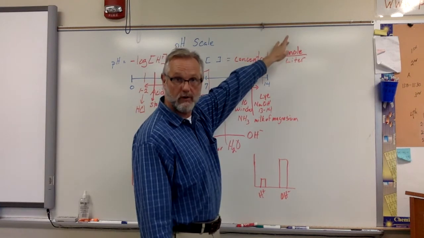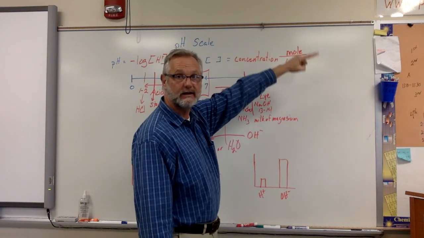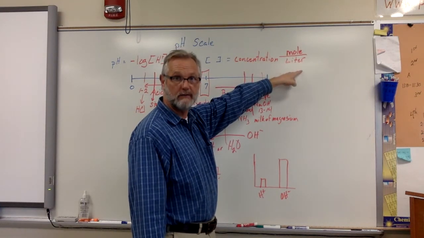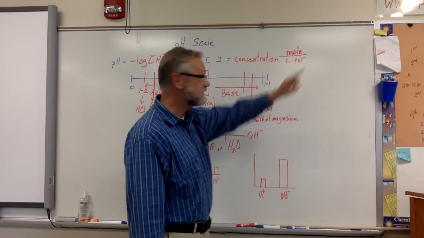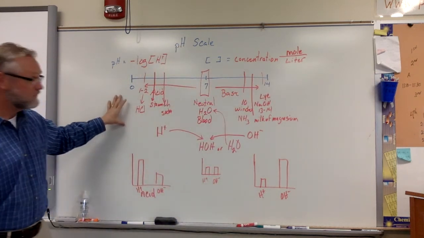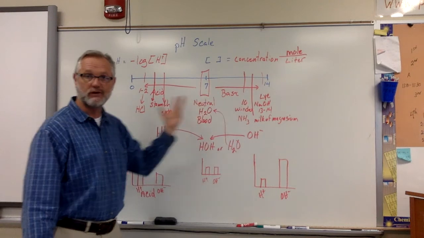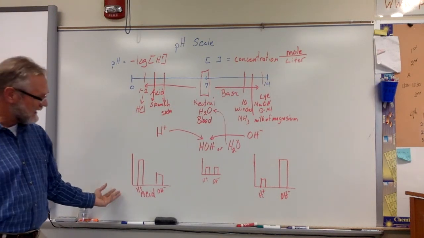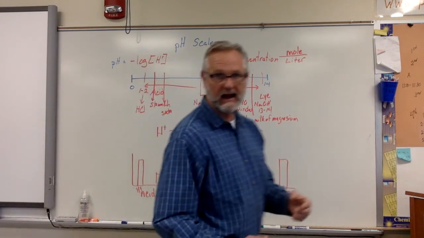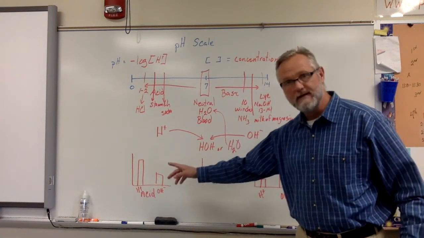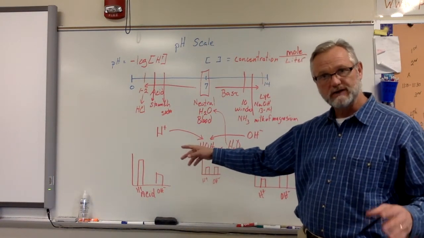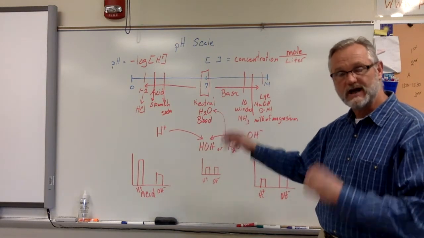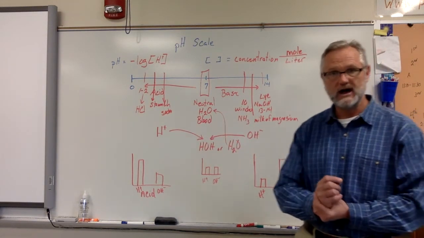It's the number of moles of my solute divided by the total volume, in liters, of my solvent. Then we talked about some common examples and what their pH are. Finally, we went back in and looked at graphs that allow you to look at the concentration of my hydrogen ions versus the concentration of my OH ions.